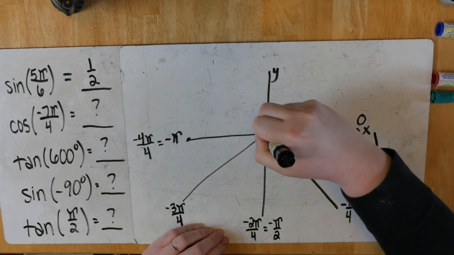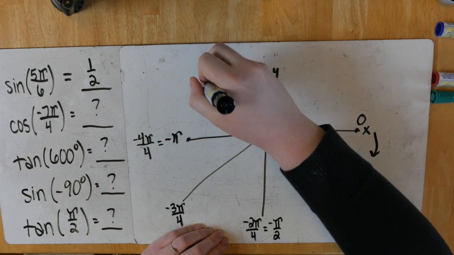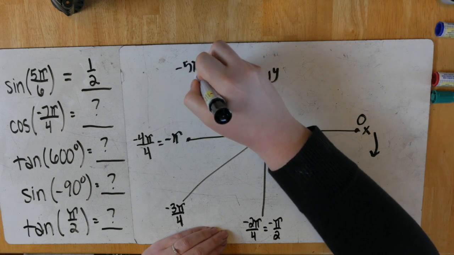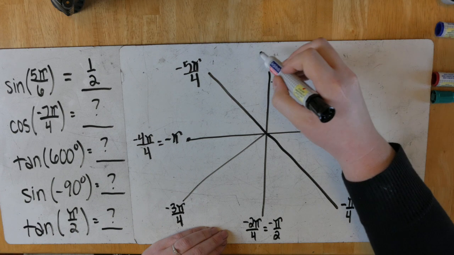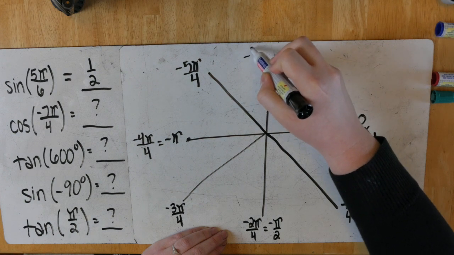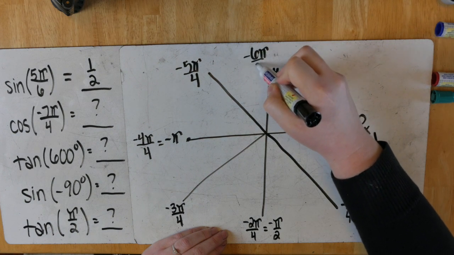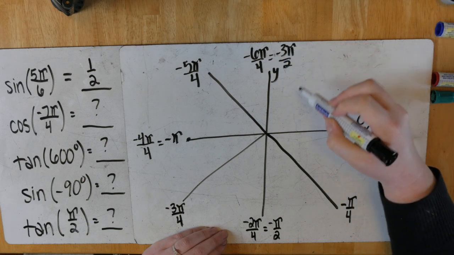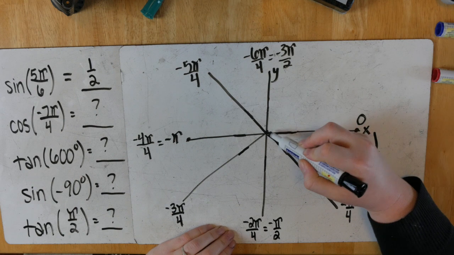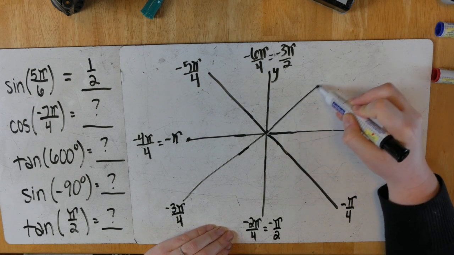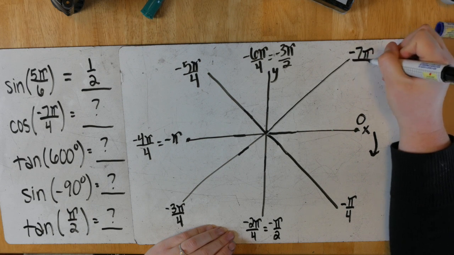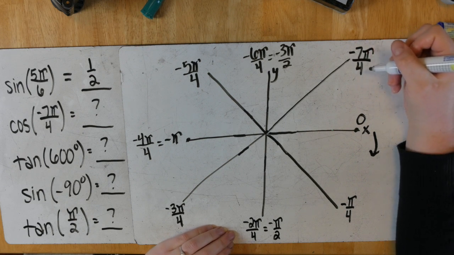So we're going to keep going another pi over 4, and we would get to negative 5 pi over 4. Then we would get to negative 6 pi over 4, which will reduce down to negative 3 pi over 2. If we go one more pi over 4, that gets us to negative 7 pi over 4.